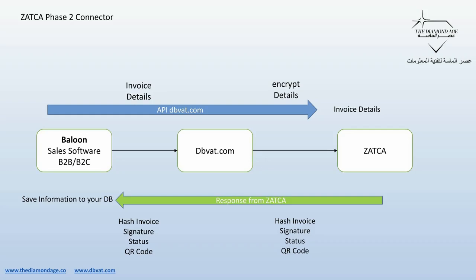And your invoice detail, as we agreed, is coming through the XML file generated from your system. Then ZATCA will give you back the result of your call. It will return the result to dbvat. Then from dbvat, it will give the result to Balloon. As we said, it will give the invoice hash, signature, the status, and the QR code.